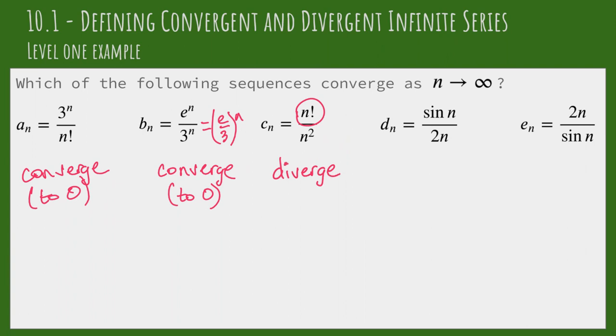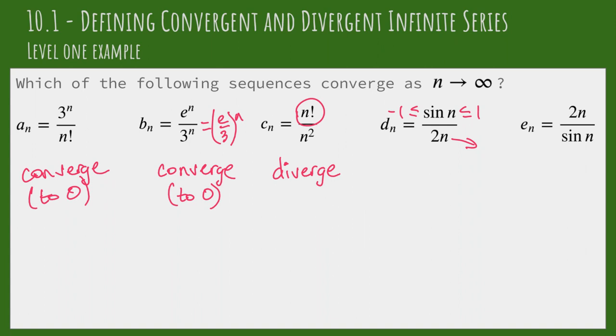The next one's kind of interesting. So the sine function is not one of the 4 categories of functions that we talked about with relative rates of growth. But what we know with the sine function is that it's always going to be between -1 and +1. So as the denominator grows to infinity, as n gets really big, 2n also gets really big, we're getting a denominator that's really big and a numerator that is confined to that range.